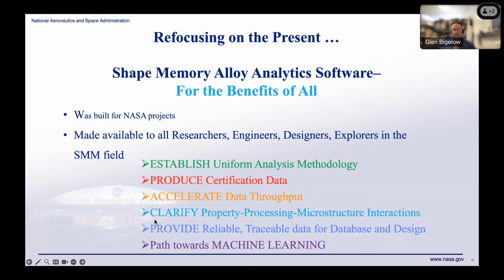Again, by using this, we can clarify these property processing and microstructure interactions that we are all looking at for shape memory materials. And with the lower amount of variability and variation in our data, we can then clarify what is an actual material property versus noise from how the data was analyzed or from how the test was run.